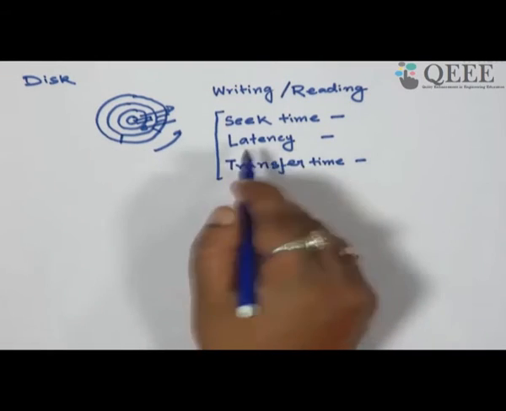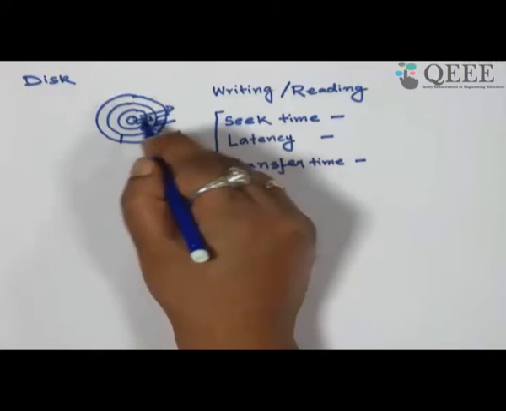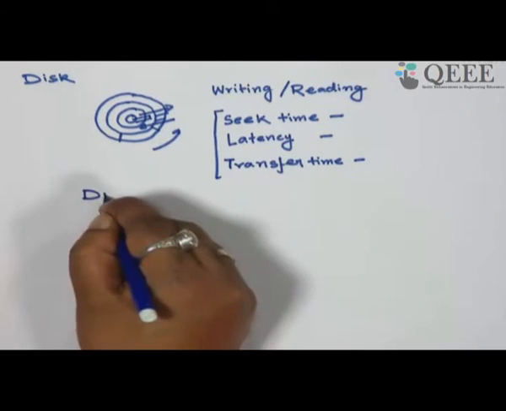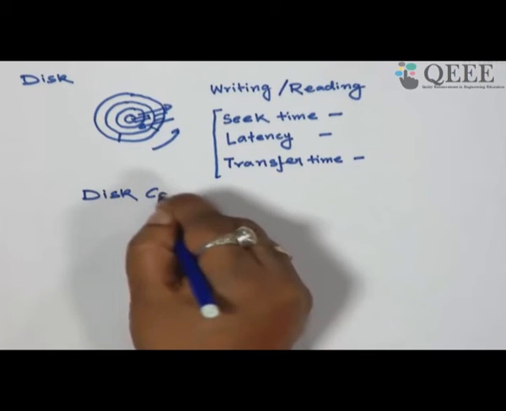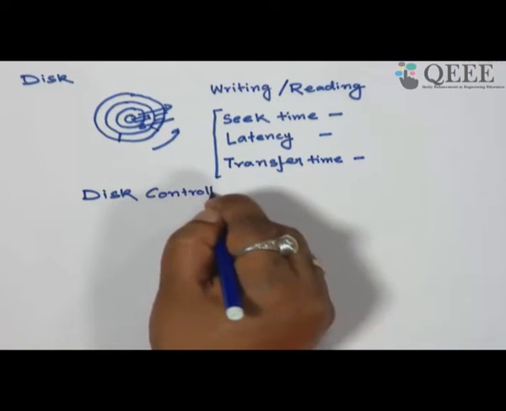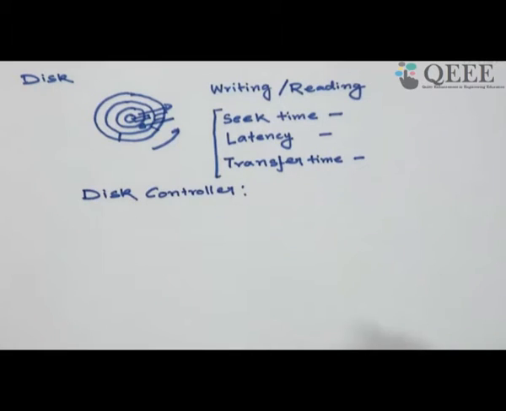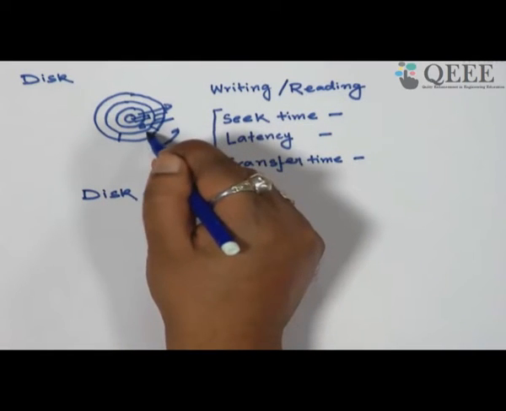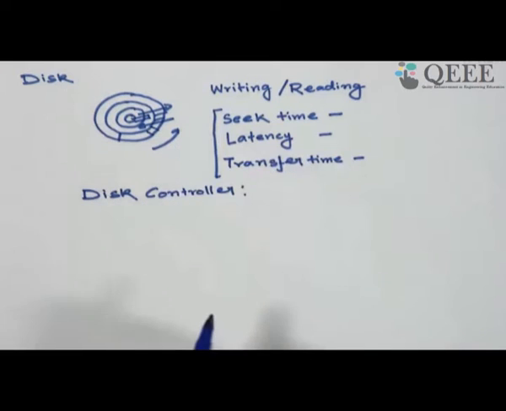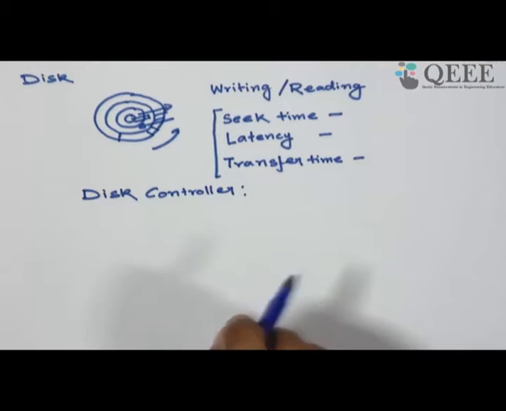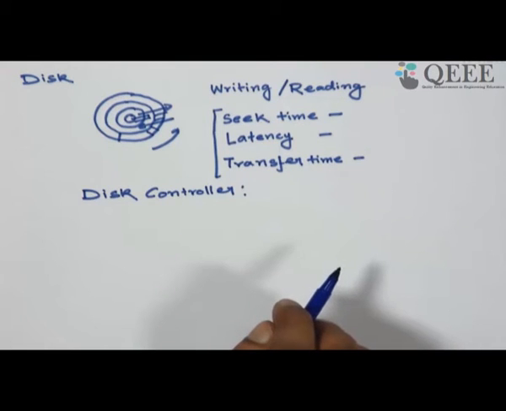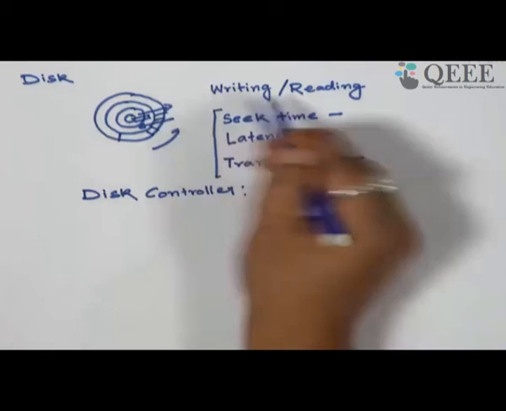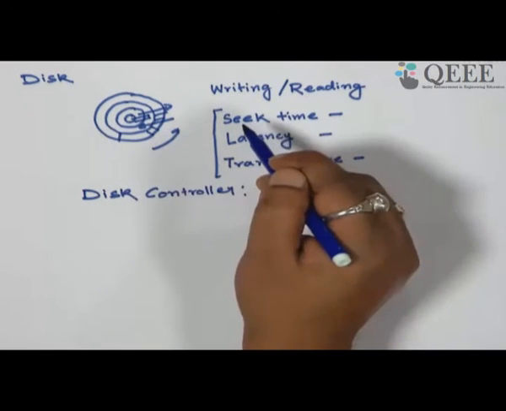To minimize this access time, the movement of the head is controlled by something called a disk controller. What the disk controller does, the moment a read or write request comes, the request will come in the following manner. It will come that read sector I of track J, and the head will move to the track and wait for that sector to come.